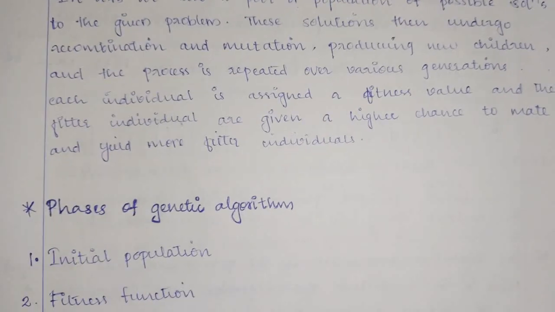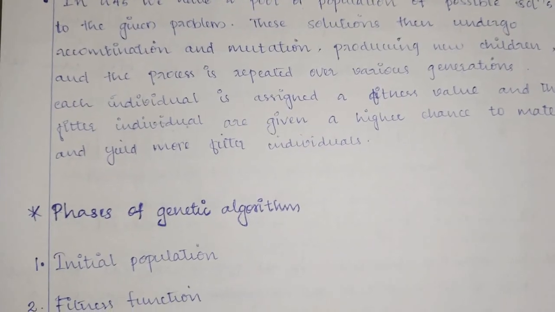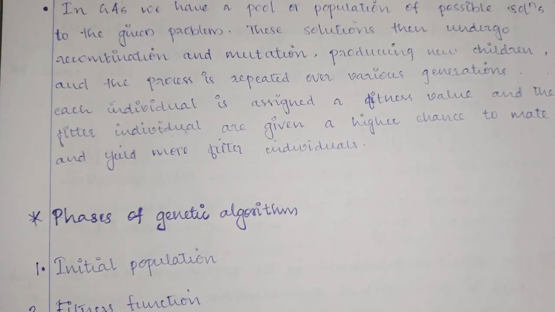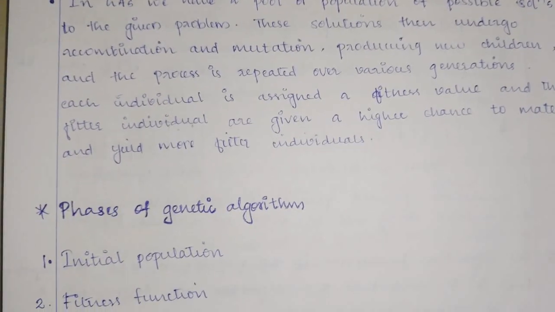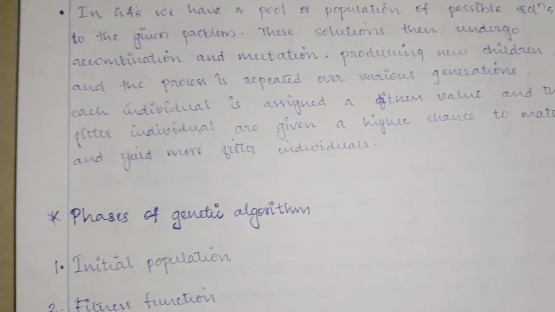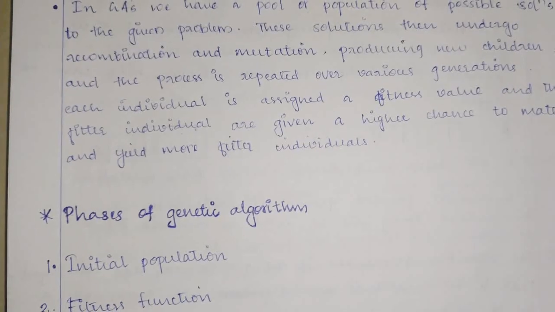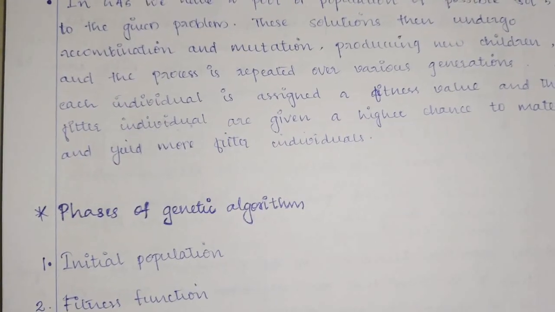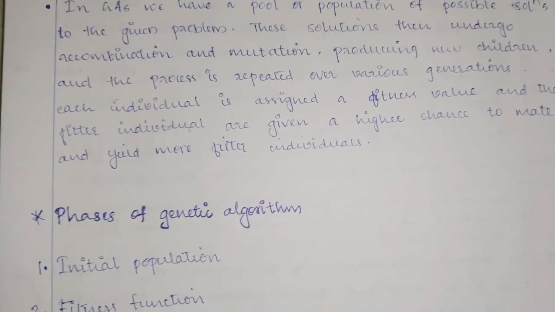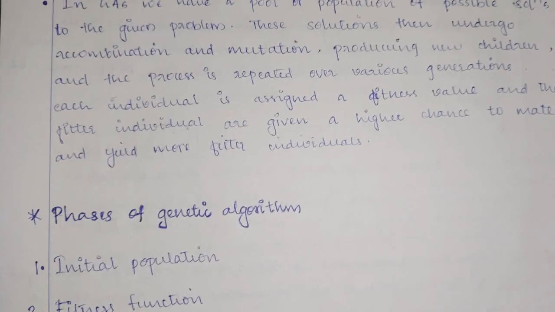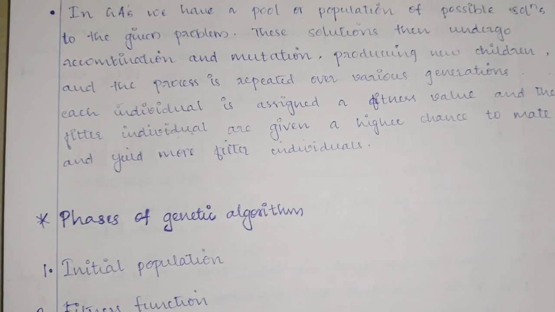Population means a set of solutions to the particular problem. So a GA has a pool or population of possible solutions, and these solutions then undergo recombination and mutation in order to produce new offspring, or children. Recombination and mutation will be discussed later.